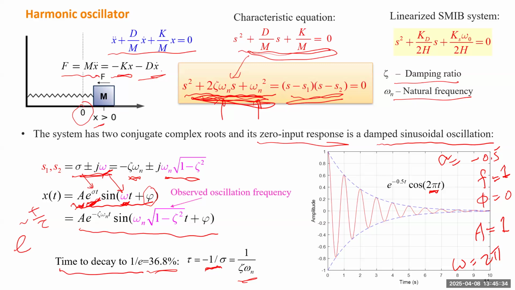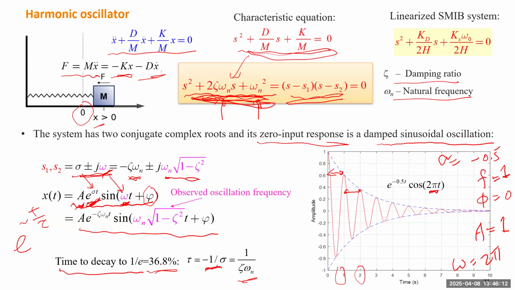Okay, so why is the frequency 1? Because if you check the time between two peak values, that's 1 second. It starts from the peak value at time 0, at time 1 second it has the second peak, and the third peak happens at 2 seconds.